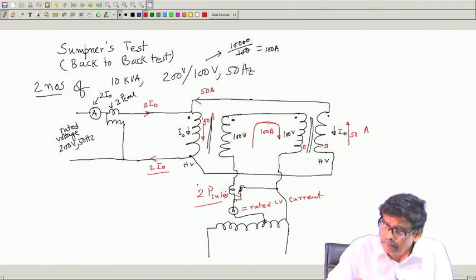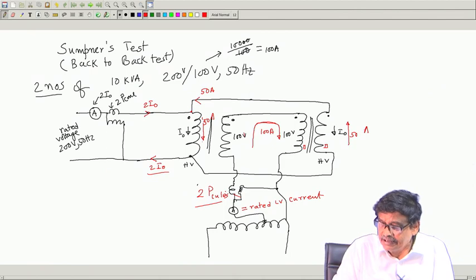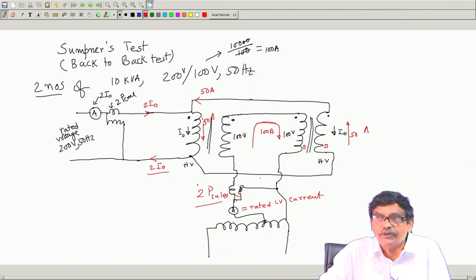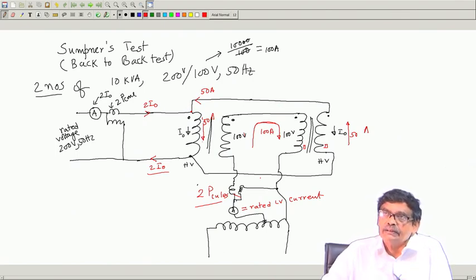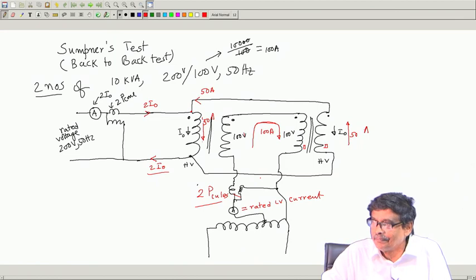Therefore, by estimating these copper losses, I will now be able to estimate the equivalent resistance: I square, this ammeter reading, into R equivalent. From this I will be able to calculate new R equivalent, and from short circuit test whatever R equivalent I calculated, it will be higher than that.